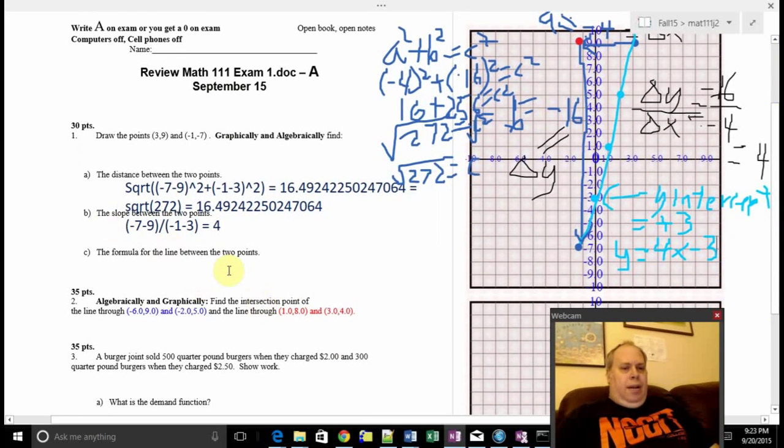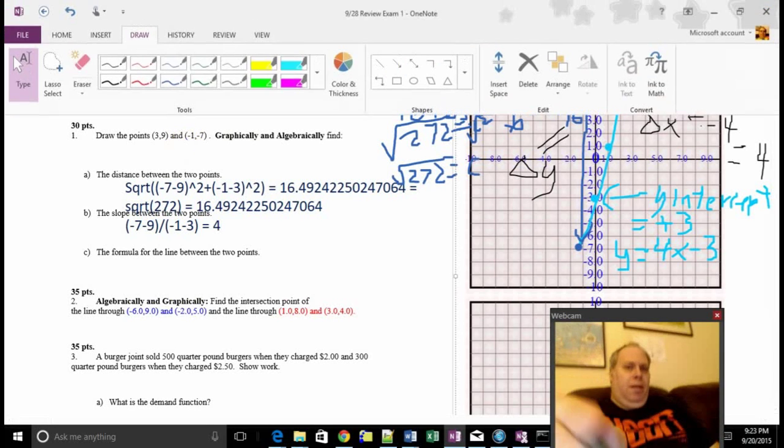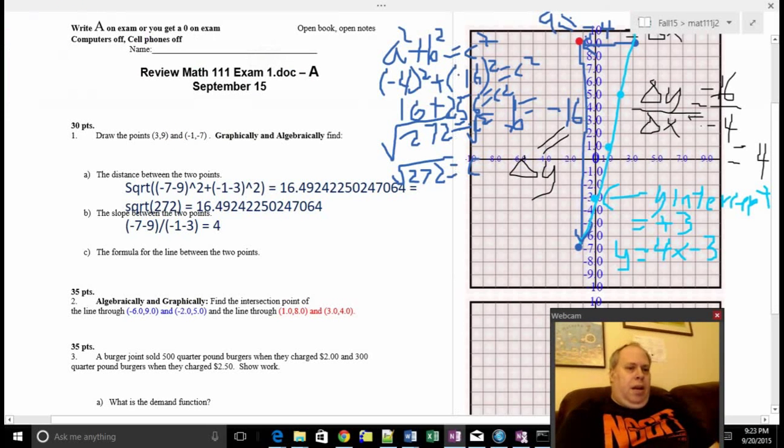Now, last point, formula for the line algebraically. So we start over. Okay, we use one of these points, and I'm going to pick 3, 9. Of course, it's always easier to work with positive numbers.